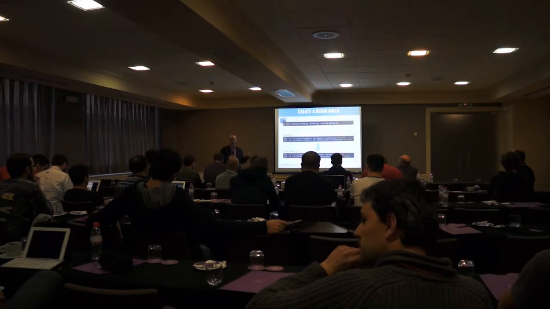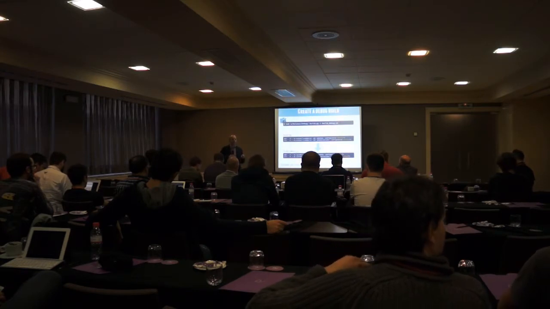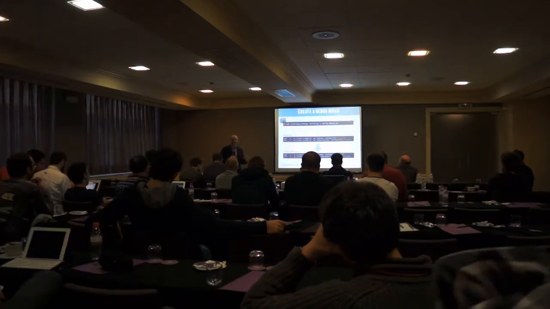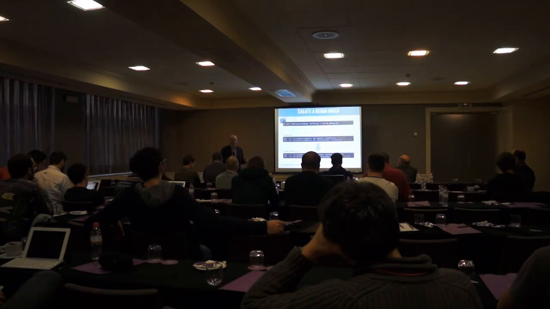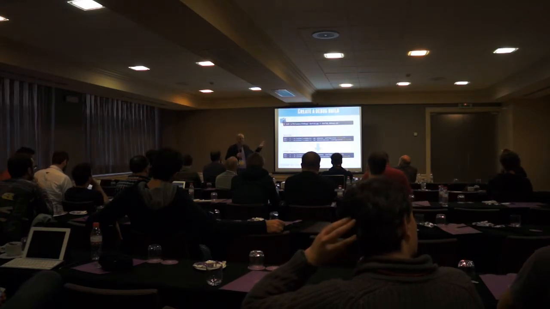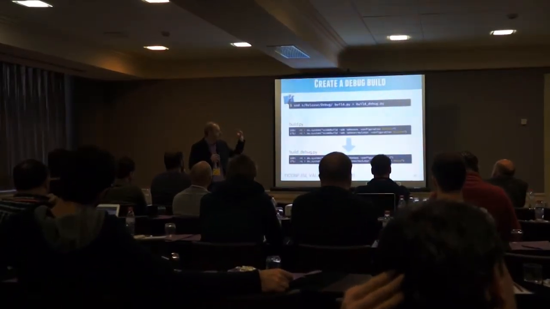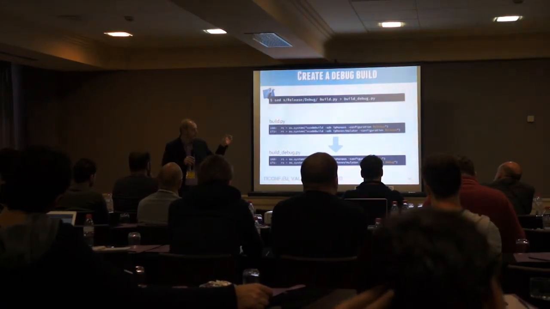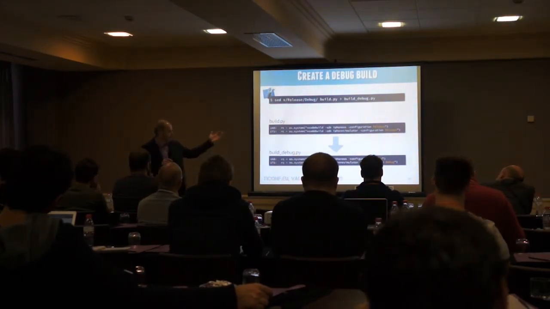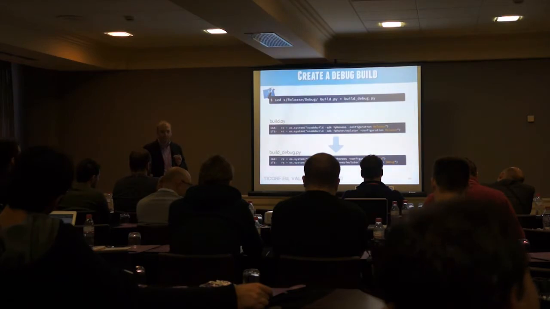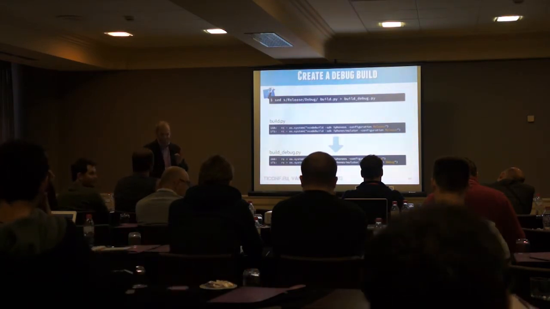Because normally when we build our modules for deploying, it will be compiled as a release version, so it doesn't have all the debug symbols and so on. So debugging it will be more difficult. So I take this Python script, I replace all the references to the release word with debug, as they are only these two lines, and I create a debug build.